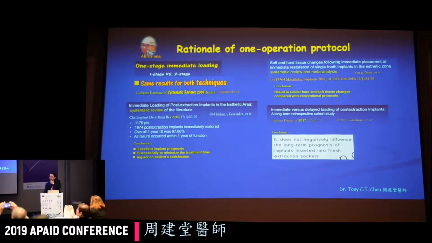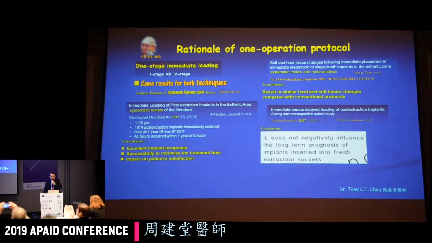And all these systematic studies reveal positive results supporting this protocol. And they came to the conclusion that the one-stage protocol could give an excellent implant prognosis and minimize the treatment time, and also could give the patient more satisfaction.